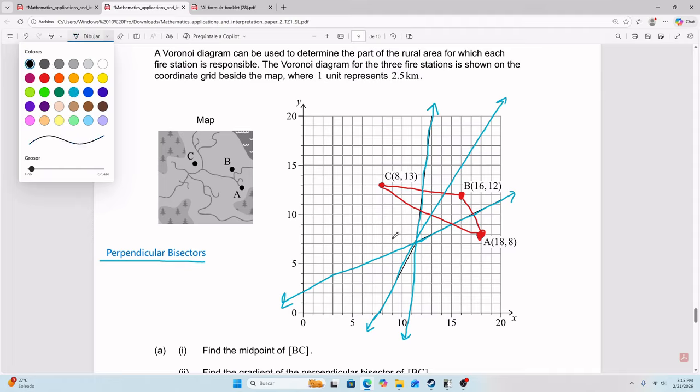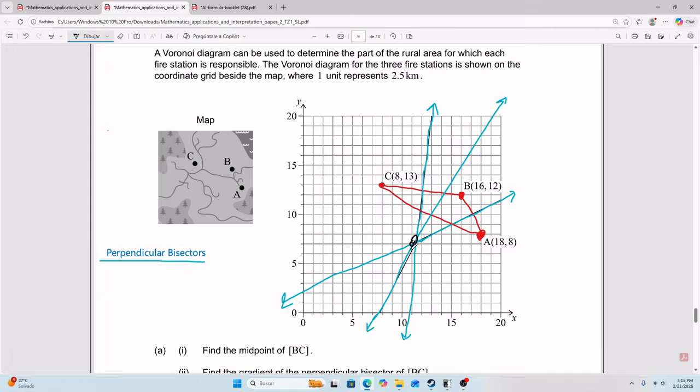Of course, by logic, you end up forming a Voronoi diagram that uses the perpendicular bisector up to here, and then up to here, and then up to here. But as you can see, the three lines in black are all perfectly aligned with the perpendicular bisectors that occur between B, A, and C. And so that is the method in order to create the Voronoi diagram.